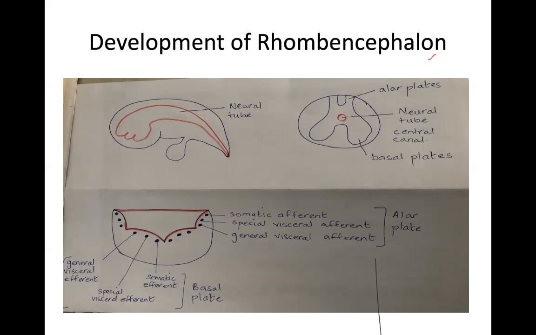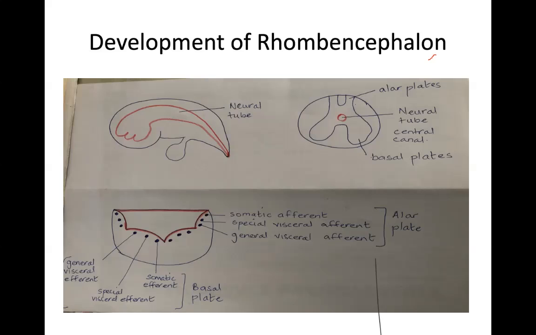So the neural tube, which was originally extending throughout the baby, develops a thick wall and becomes the spinal cord. The red circle that you see is the original neural tube. And the H-shaped structure that you see is the mantle layer, which consists of nerve cell bodies. This mantle layer is further divided into alar plates on either side and basal plates on either side.